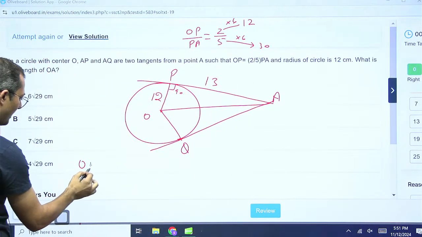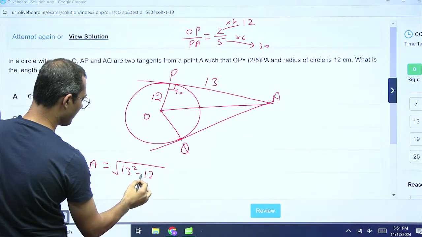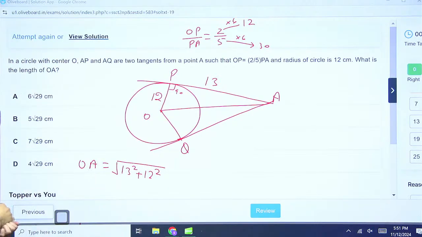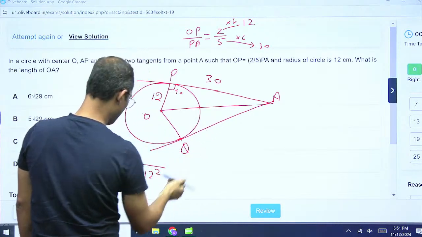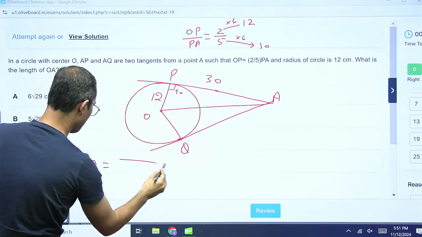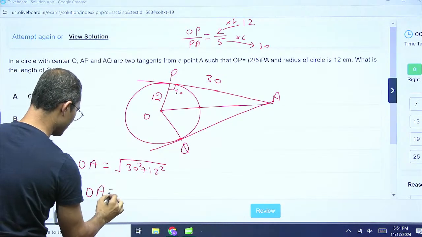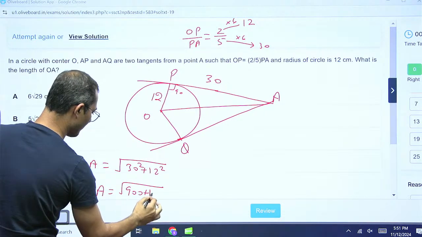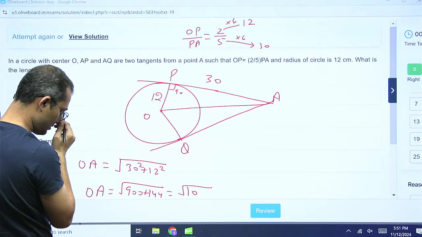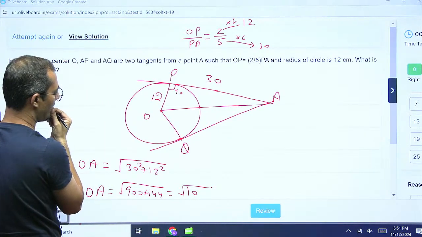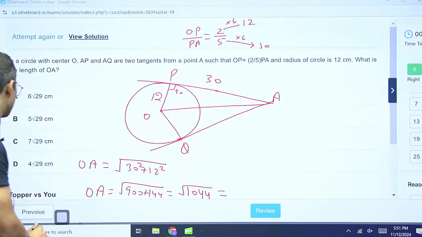So we can say that AO is equal to the square root of 30 square plus 12 square, not 13. So this is equal to 900 plus 144, so 1044.